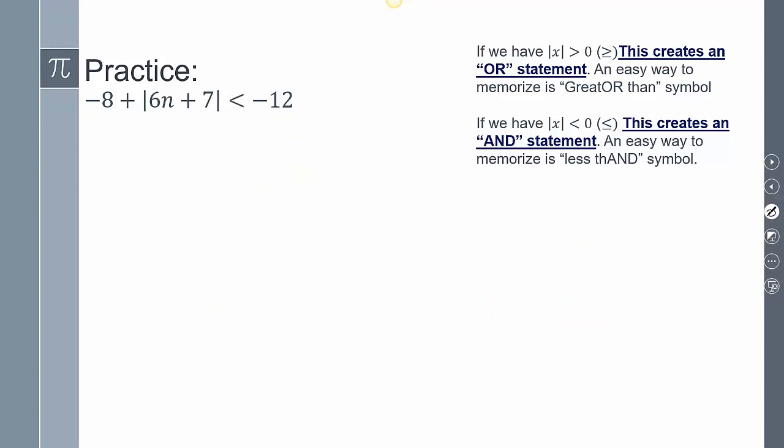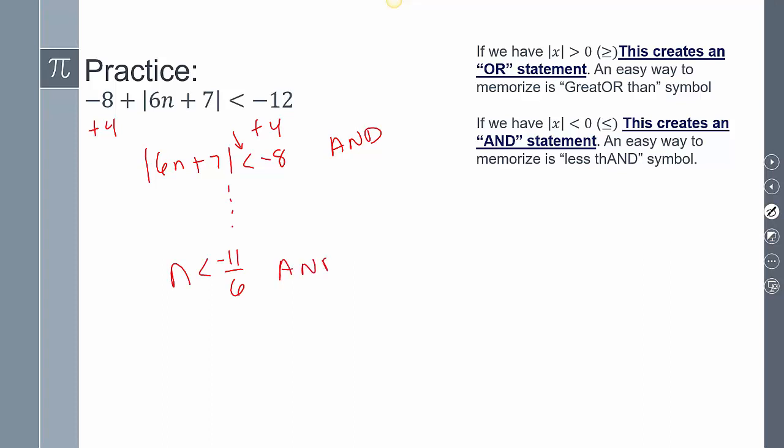Now what happens if this is flipped? Now if we did this flipped, what's going to happen here is now this becomes an AND statement. And so if I did all of the work, I'm going to get n is less than negative 11/6, and n is going to be greater than negative 1/2.